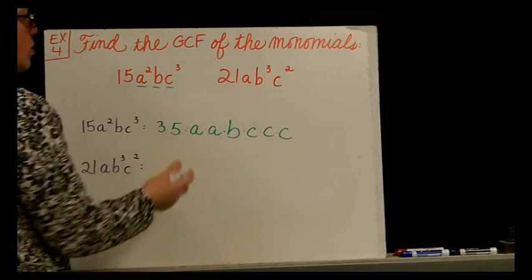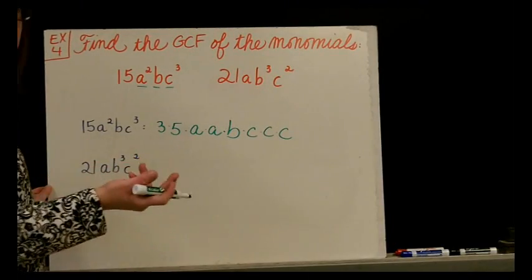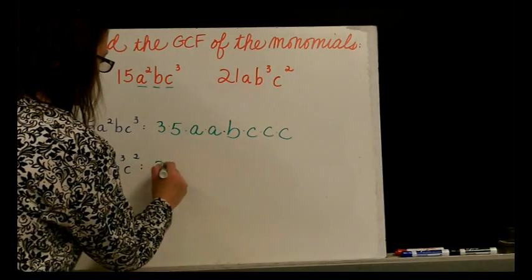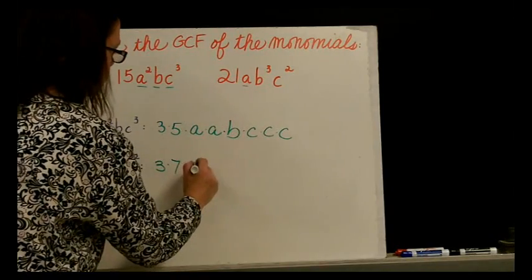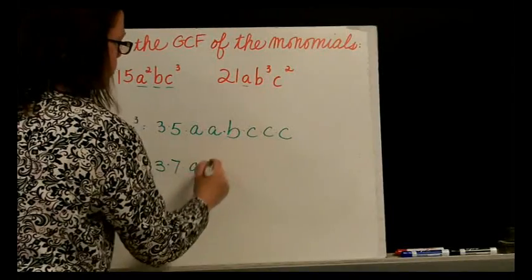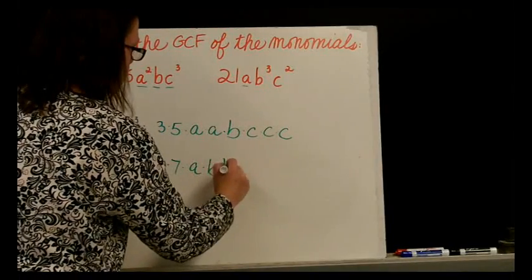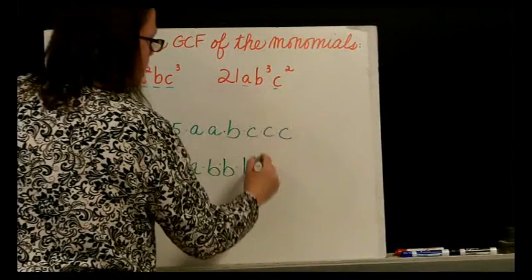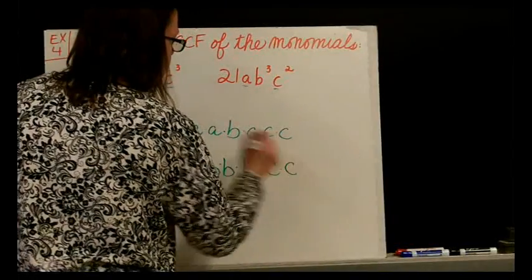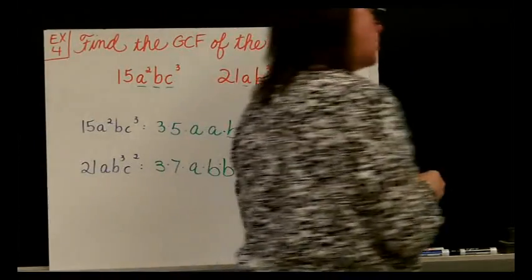Next we have our 21, which also is the product of only 2 prime numbers, 3 times 7. We have 1a, b to the 3rd power, so times b times b times b times c times c for our c squared.